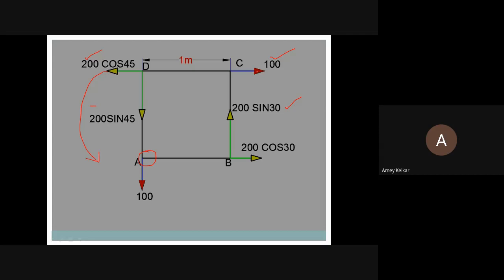Next, this force has to turn in clockwise direction. One more hint: these two forces are in the same line, one moving towards negative x and the other towards positive x. So their rotational actions also have to be different; they cannot have the same rotational action.